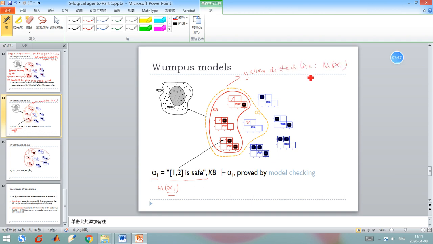Now we can find the models of the KB are a subset of the models of alpha 1. So this holds, which is equivalent to KB entails alpha 1.